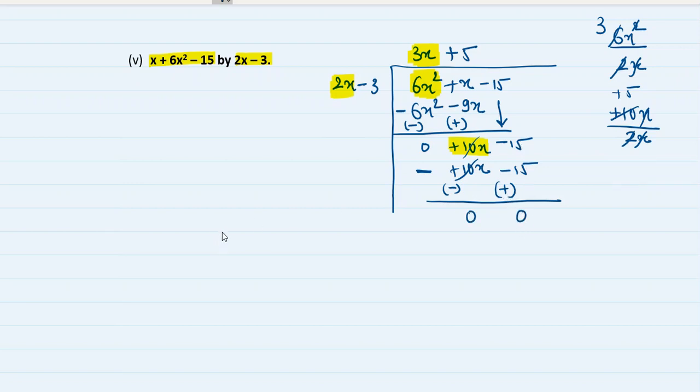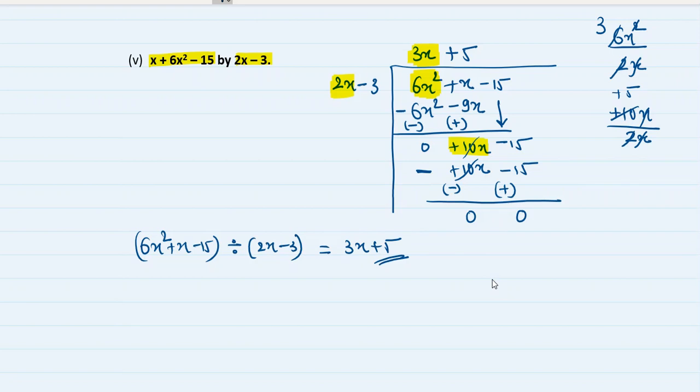And what is the answer? The answer is 3x plus 5. Okay, so you can write that 6x square plus x minus 15 divided by 2x minus 3 is equal to 3x plus 5.